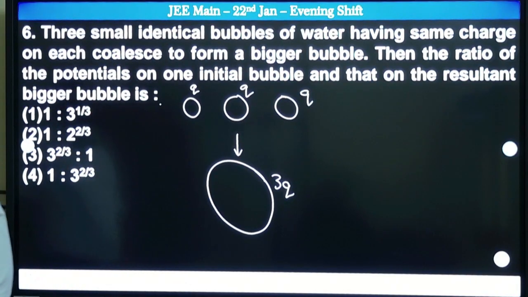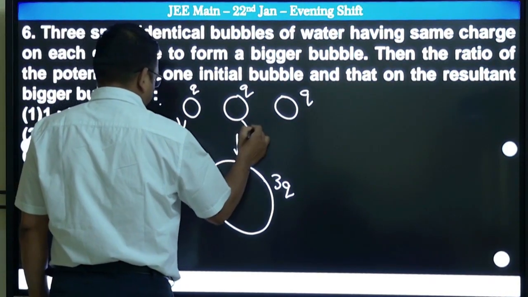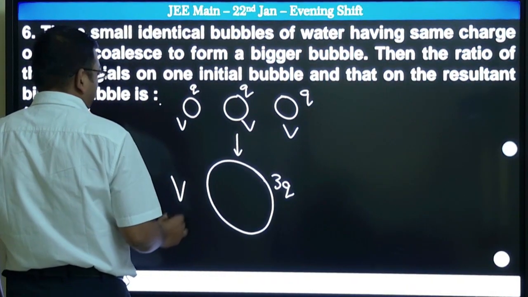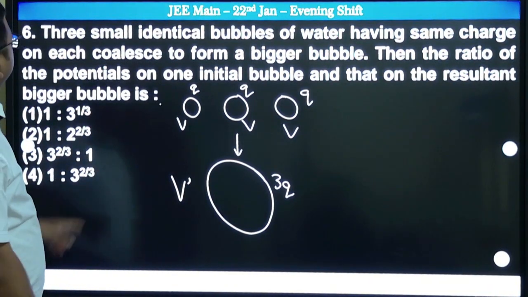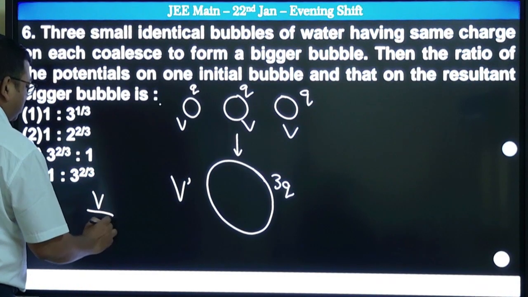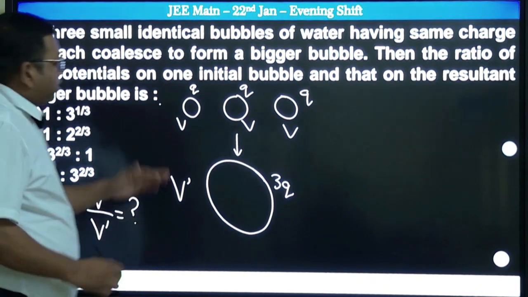Right? Then the ratio of the potential on the initial bubble and that on the final one. Suppose the initial bubble has potential v, and finally we have, let us say, v dash. So they are asking you to calculate the ratio of the initial potential by the final potential v dash. Okay, so let us quickly see that.